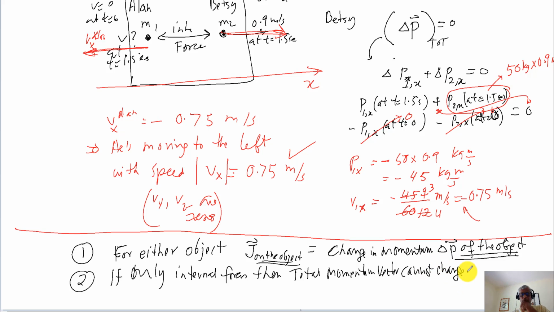So these are the two principles we used, but just using the first principle twice, I could have solved the problem. But I want to illustrate that you should also be aware that there's a shortcut. Once you have applied this on one object, you don't have to keep applying that principle on the second object. You can just apply it on them together and use the momentum conservation principle. This is called the momentum conservation principle.